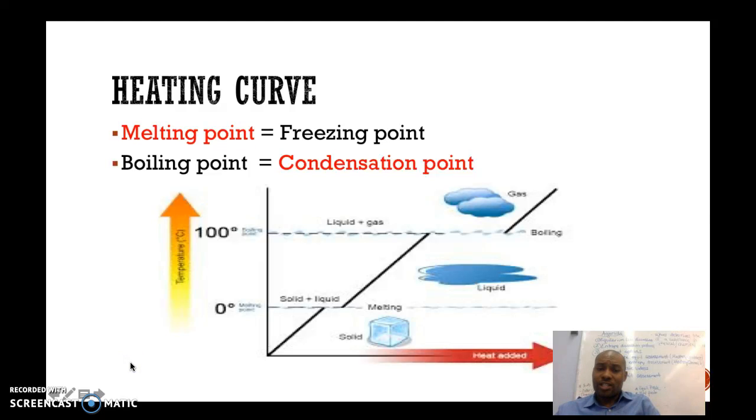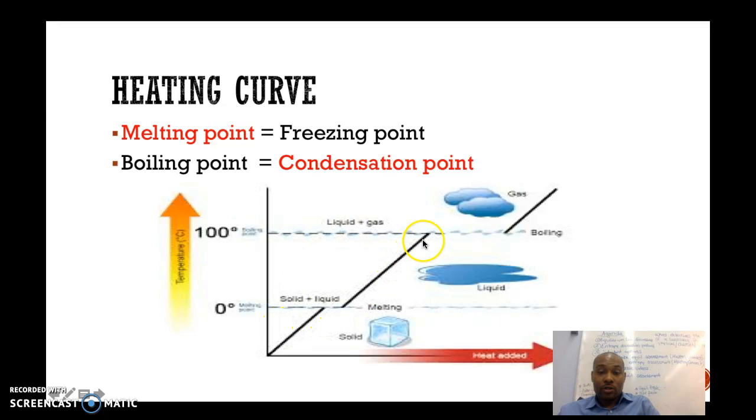And then this is just the same heating curve, but it's specifically showing it for water. So if you take a look here, this part of the graph represents when the water is in solid form, when it's ice. And then if it absorbs enough heat to get to this point here, to 0 degrees, this is the melting point, or the freezing point for water. And if that substance absorbs enough energy, it's going to transition from the solid to the liquid phase.